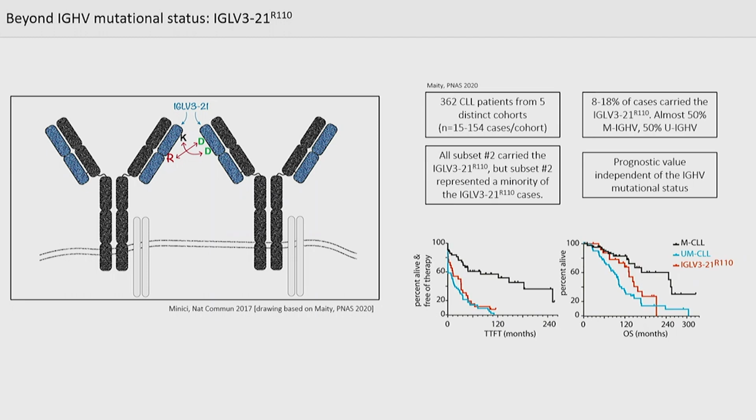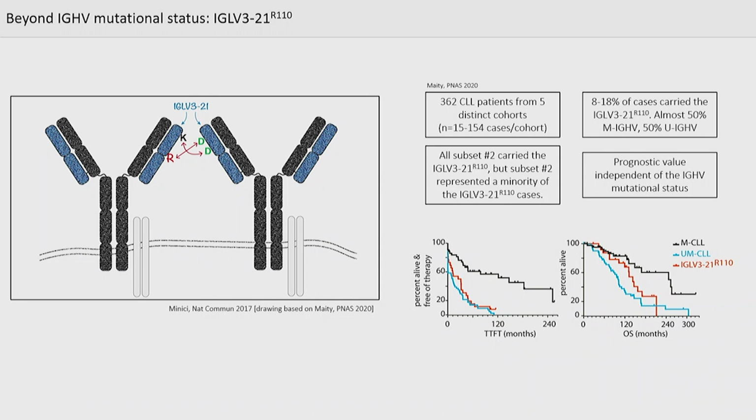And that was studied in a group of different cohorts of patients, and they detected that between 8 and 20% of these cases carried this mutation, and those were associated with a more accelerated disease.